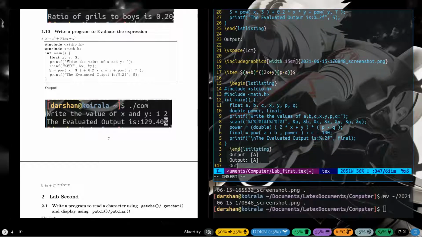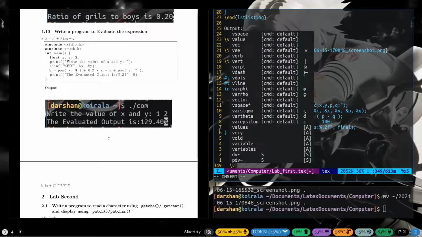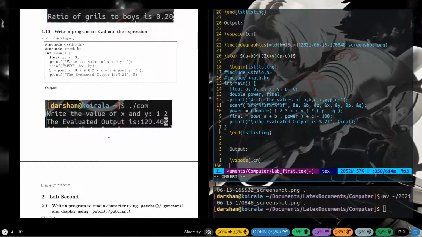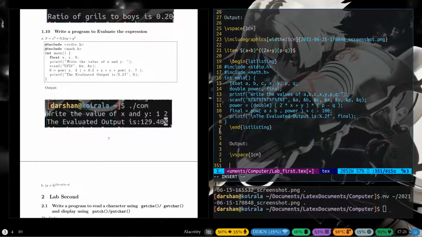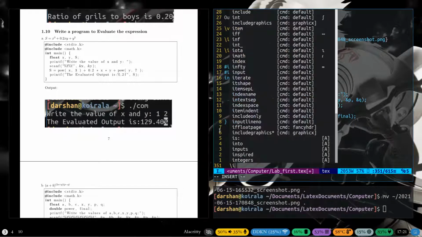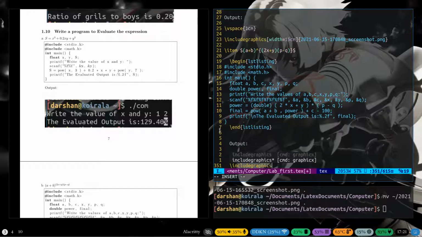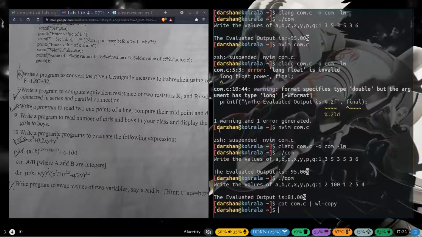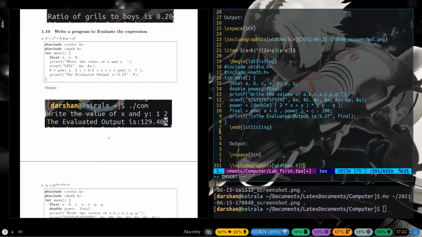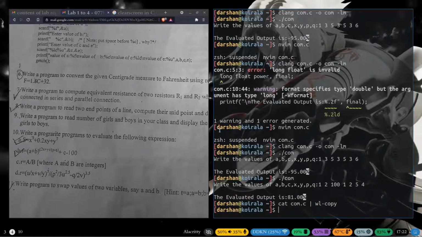So output, alright, with 1.5. I'm taking the screenshot.